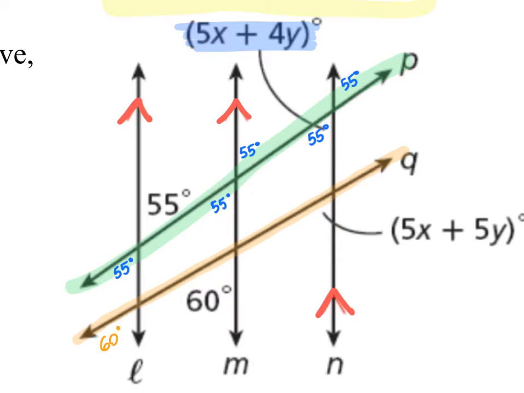So we've got one there, we've got one here, and then we know that the vertical angles are going to be congruent, so we can fill those in as well. And now we can see that we're going to have the opportunity to set up another equation. This time 5x plus 5y is equal to 60.